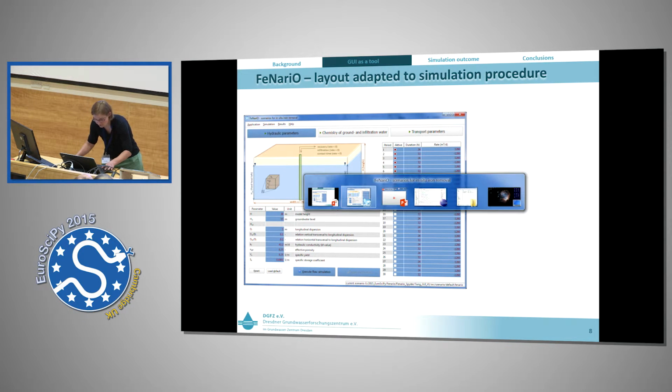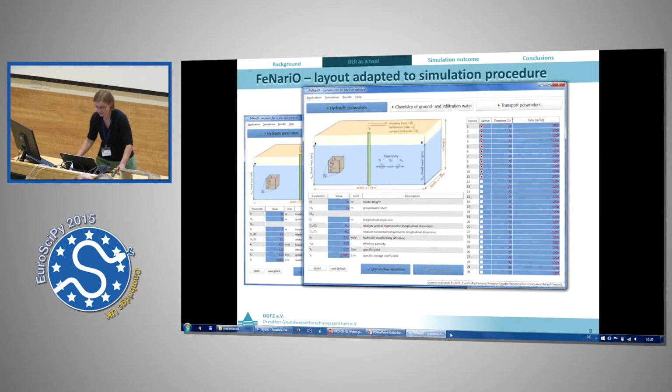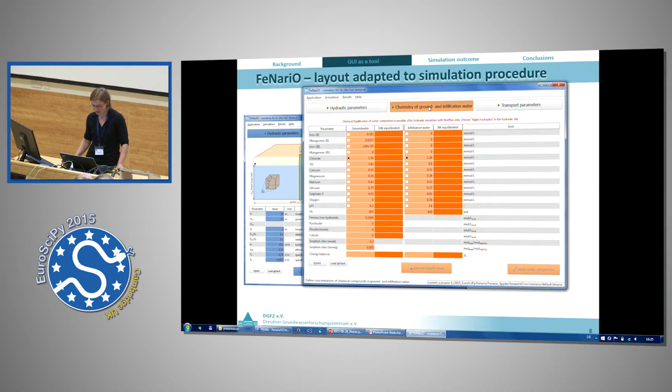So maybe I just switch over to Finario itself here in the foreground now. So I have three views actually here. In this first one I can define hydraulic parameters. In the second view I can define the chemistry of the ground and the infiltration water.